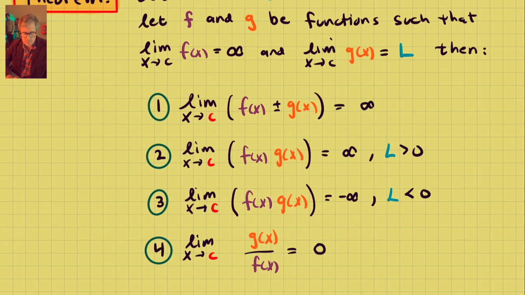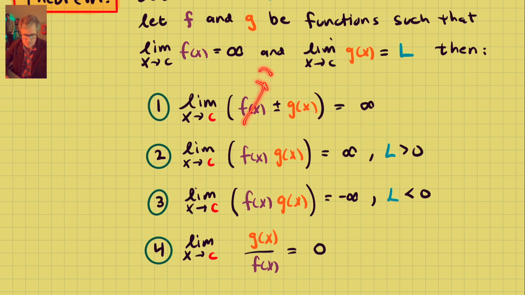So the limit as x approaches c of f plus or minus g, right? Think about this. This f is going to infinity. g is going to a finite number like 5. What is infinity plus or minus 5? Well, obviously it's infinity. And so the sum or difference is infinite.